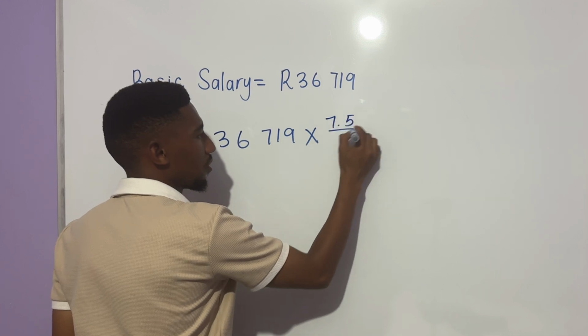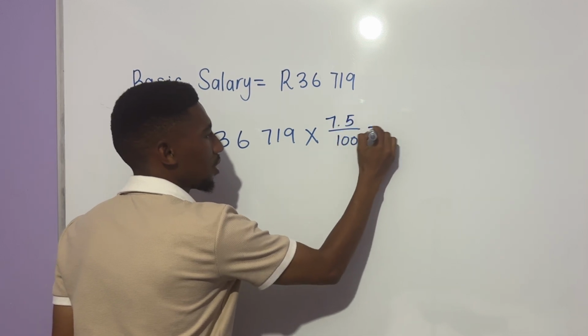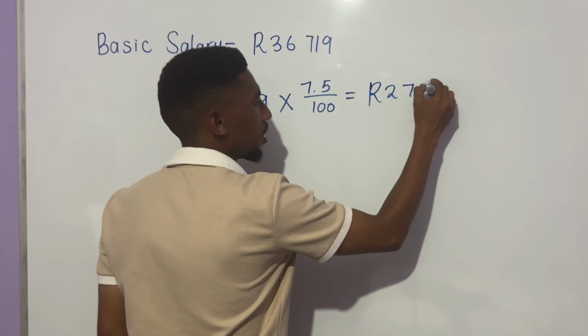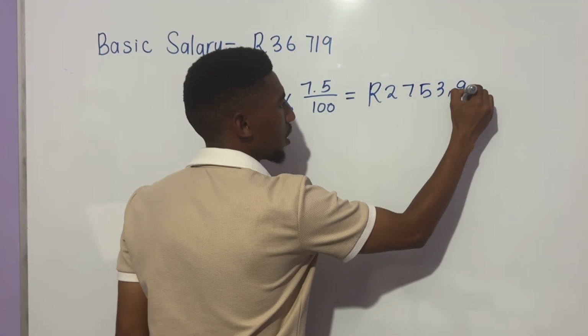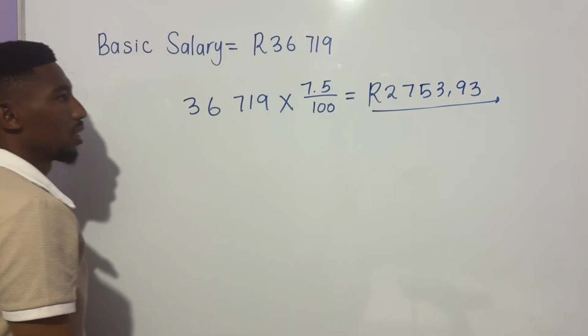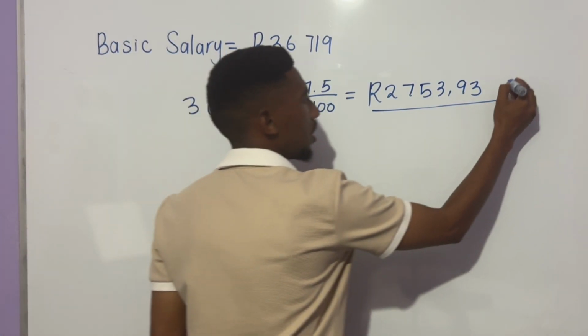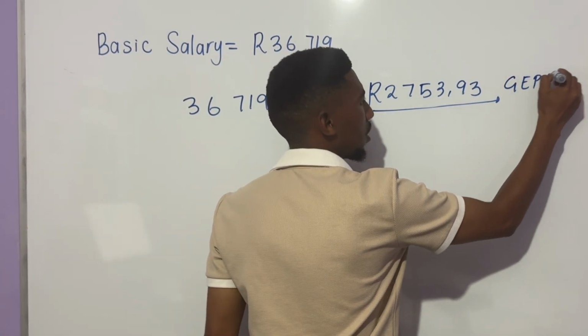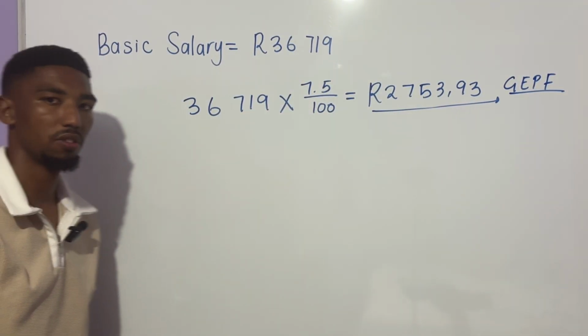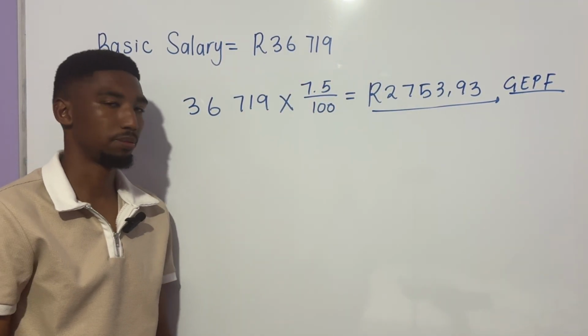We're going to say 7.5 over 100, that is equal to 2,753.93. This is our GEPF, our pension fund contribution, and you see that it matches with the value on the table.